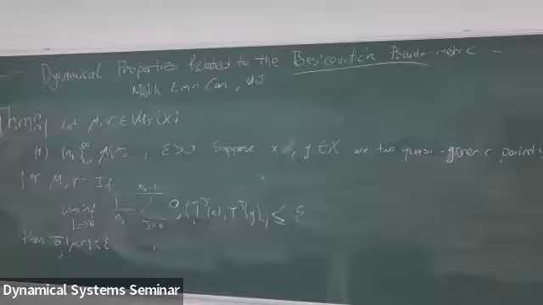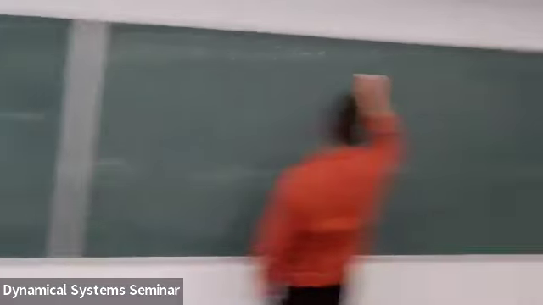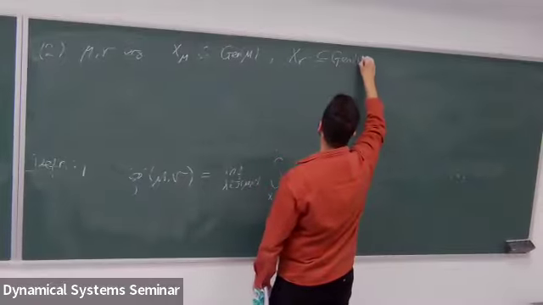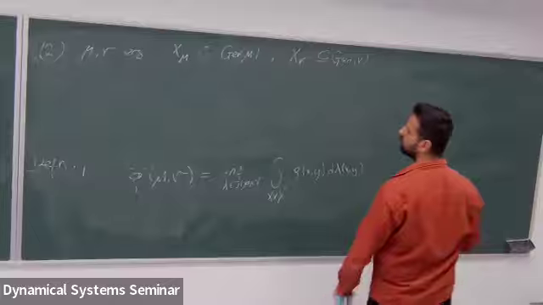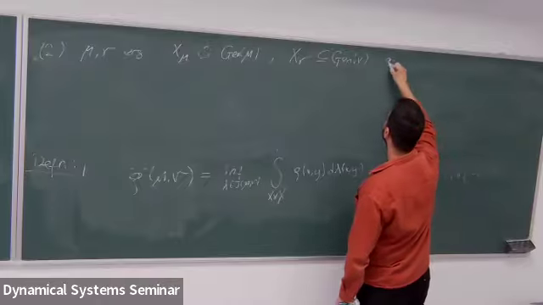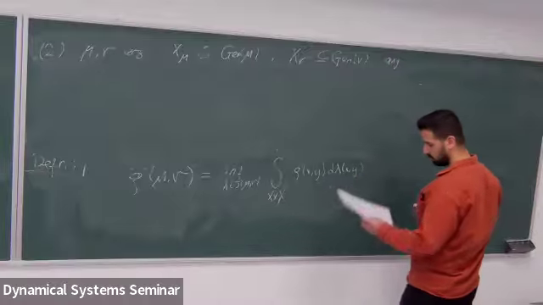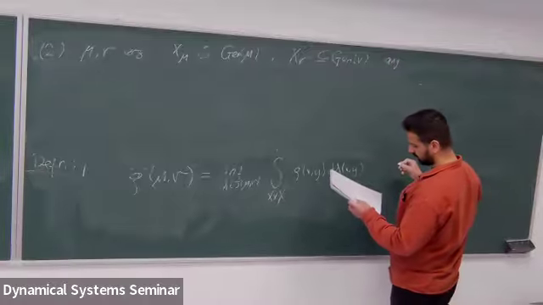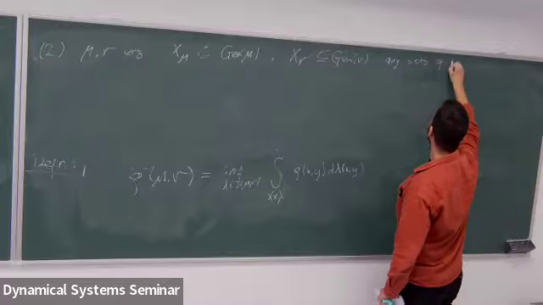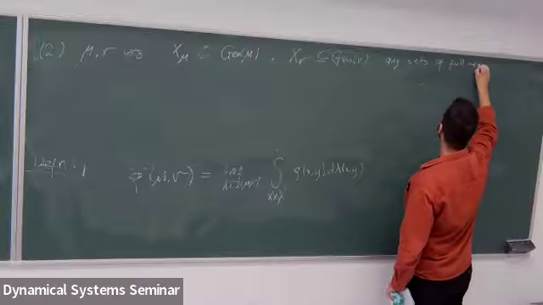And assume that we have two sets of full measure, which I will denote X mu and X mu, which are subsets of generic points for the measures, and they have full measure.